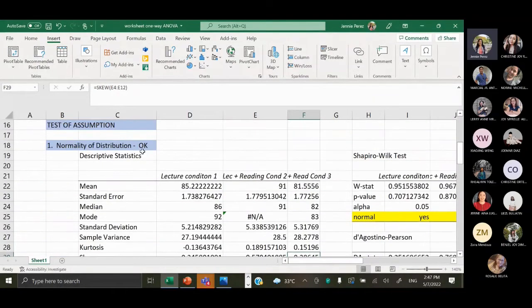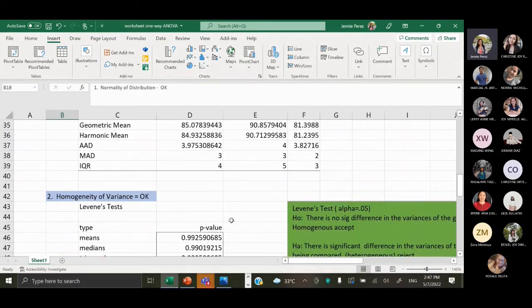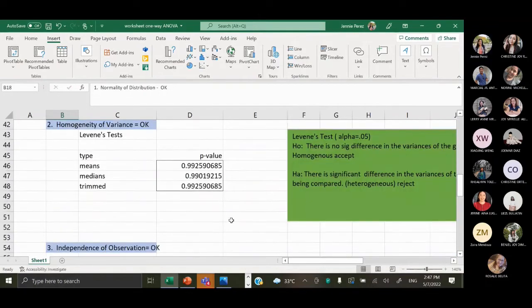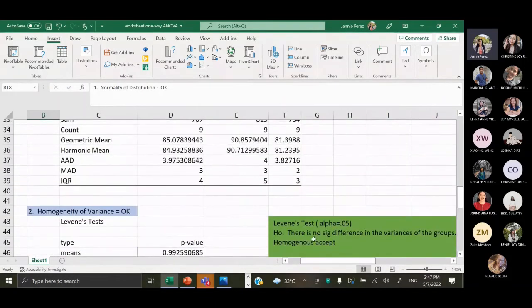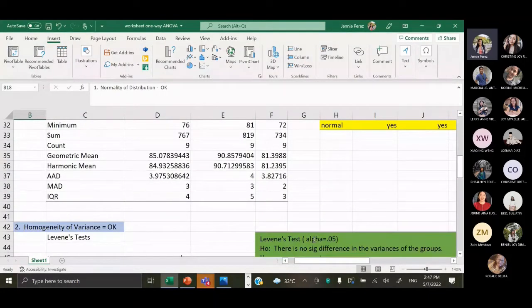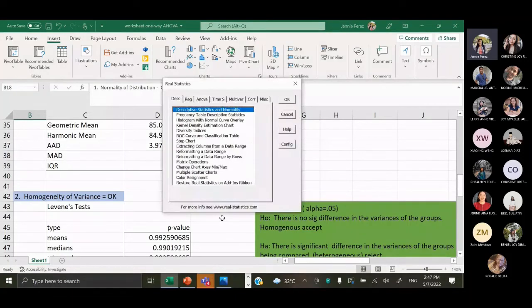Next, so normality of distribution is okay. So this is met. Next, homogeneity of variance. You can do this by doing already the analysis of variance. So again, Control M, press Control M together.